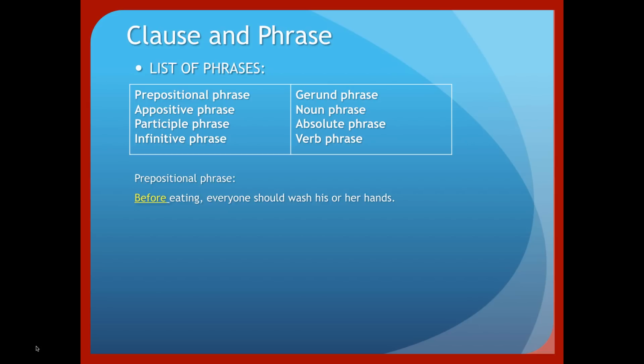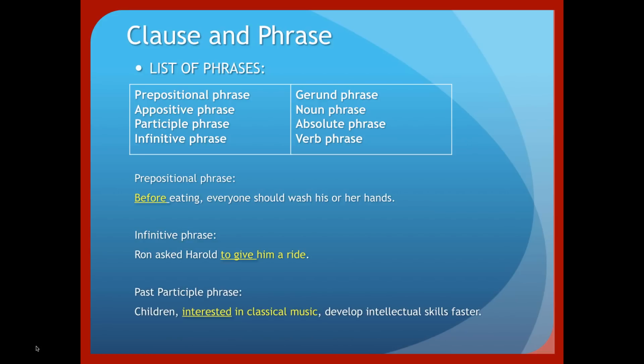An infinitive phrase starts with an infinitive verb, such as to give. And a participle phrase starts with either a past participle, such as interested, or a present participle, such as interesting.